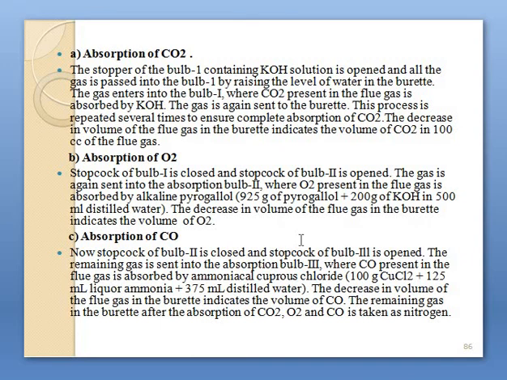Now the volume will be even lower. The decrease in the volume of the flue gas in the burette indicates the volume of CO. The remaining gas in the burette after the absorption of CO2, oxygen and CO is taken as nitrogen. So after all this, what remains is, at most, nitrogen.